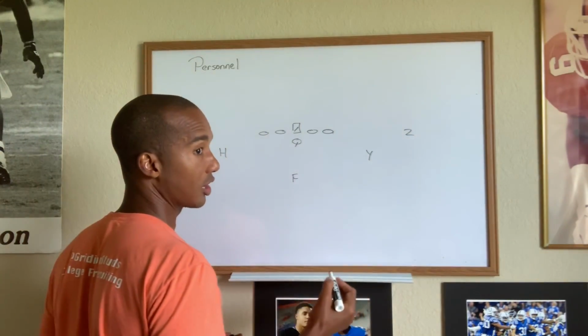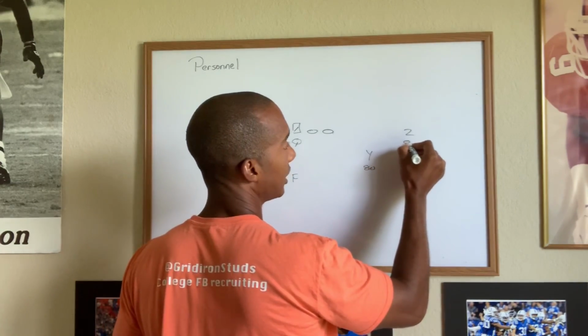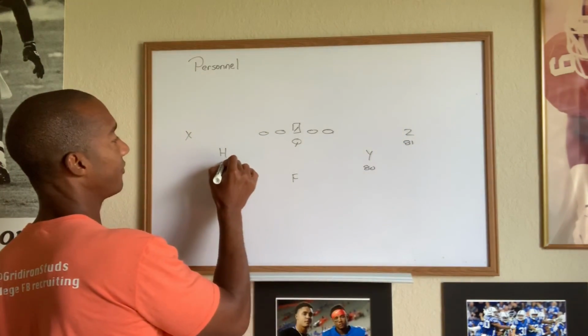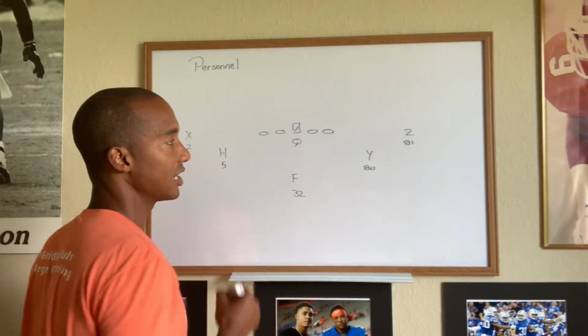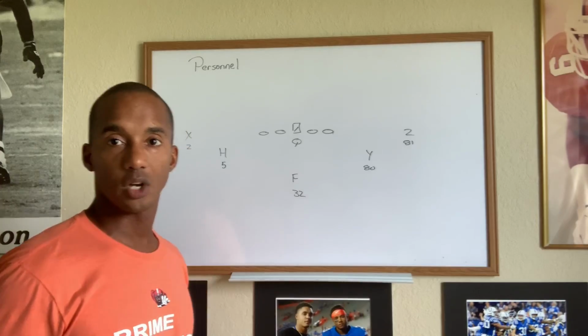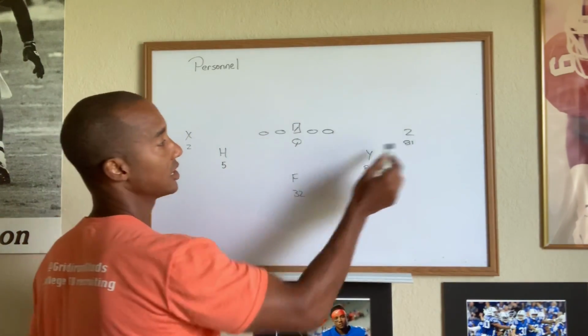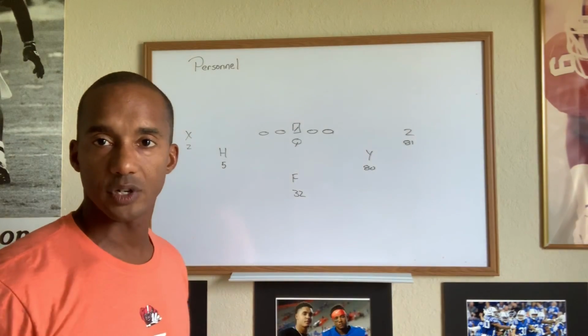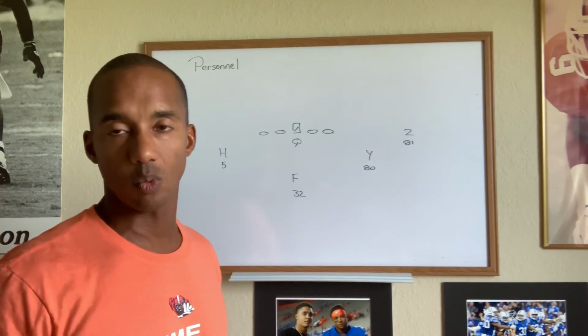Neither one of those are in the game. So let's say this is number 80, this is number 81, this is number 5, that's number 2, and this is number 32. We identified through film study that this is the number of the running backs, and these numbers belong to guys that are wide receivers. They look like wide receivers, they're built like wide receivers, and they're primarily used as wide receivers.